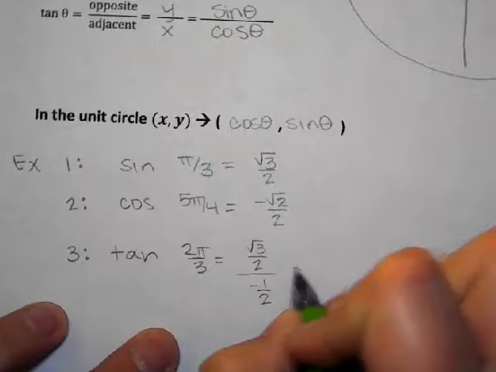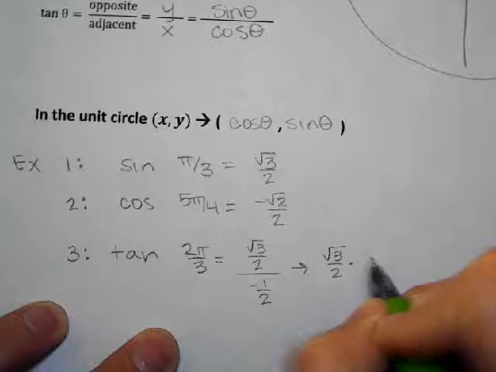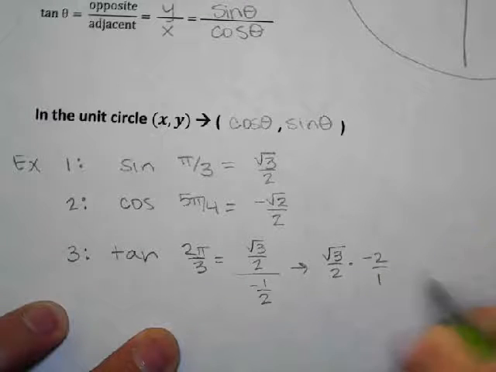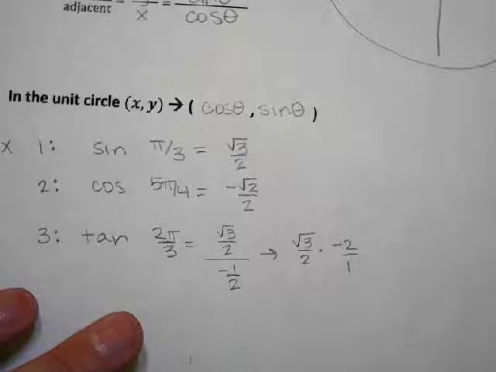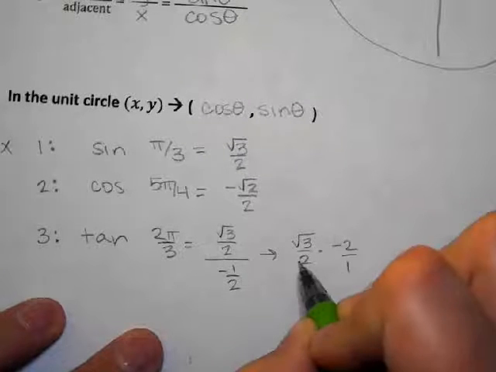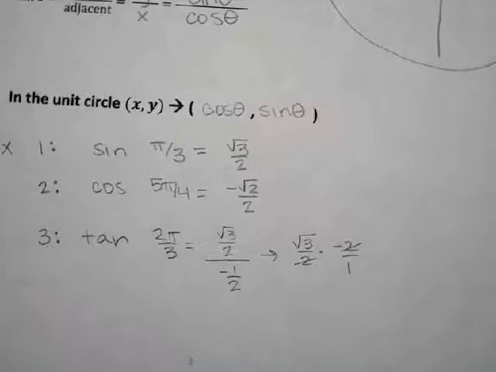So my strategy whenever I do tan is I ignore the 2's on the bottom. Do you guys see that? Because the 2's are going to cancel every time. So I pretend that the 2's are not there. I only look at the top. Does that make sense?